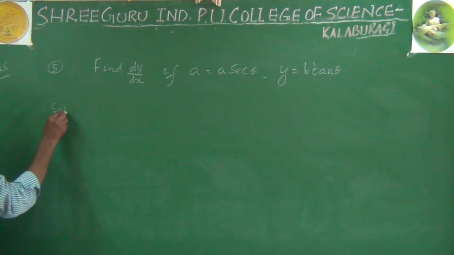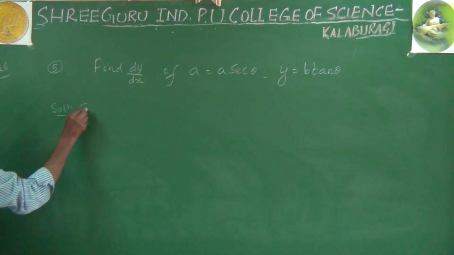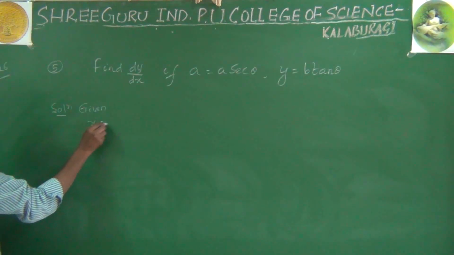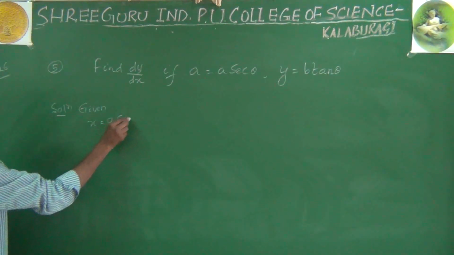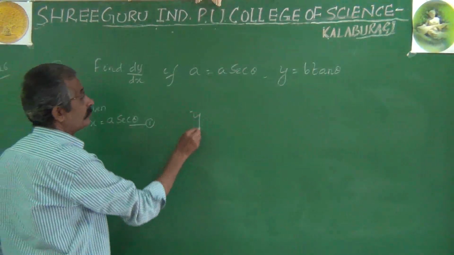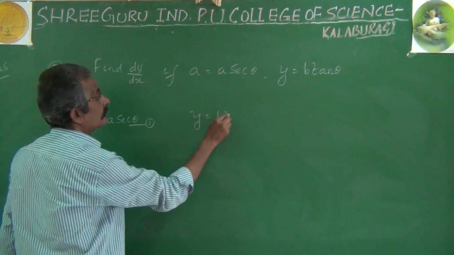So first write once again the given parametric equations: x equal to a sec theta, call it 1, y equal to b tan theta, call it 2.